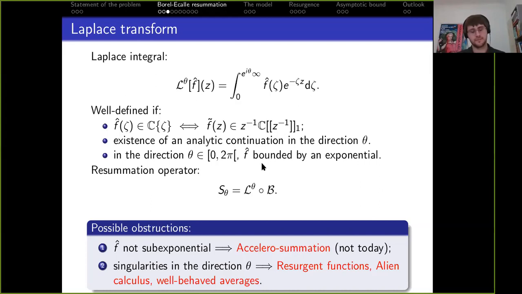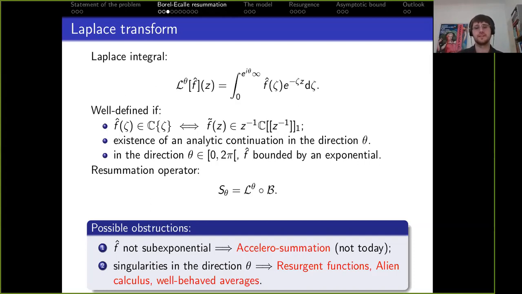There is an aspect of Ecalle's resurgence theory that deals with that, an extension of what I'm going to talk about called accelero-summation. With Mark, we have an argument that it's actually needed. It's a very important physical theory, but it will not be needed for the theory I'm going to talk about, so I will not do more than mention it.